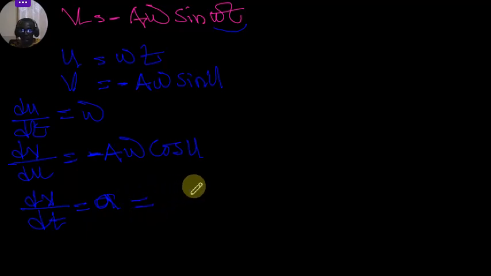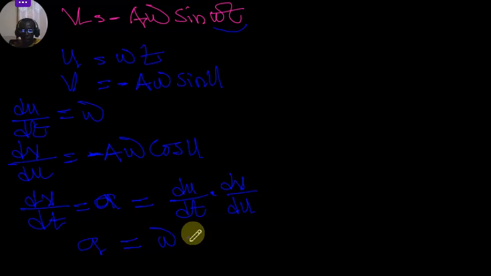dv over dt now becomes du over dt multiplied by dv over du. So put in the value, a, which is our dv/dt, will now be: du/dt is omega, multiplied by dv/du, minus a omega cosine u.